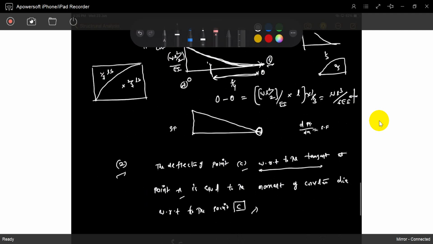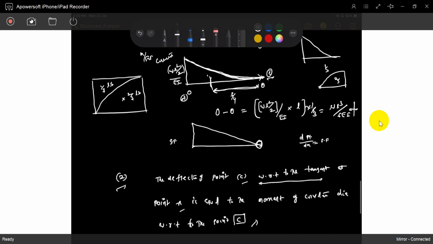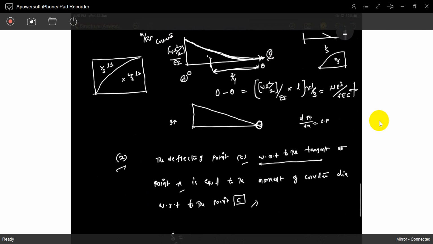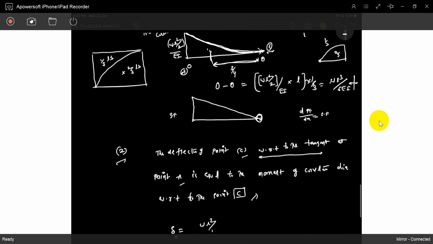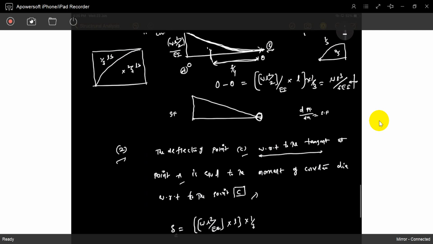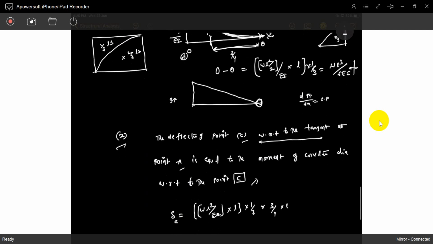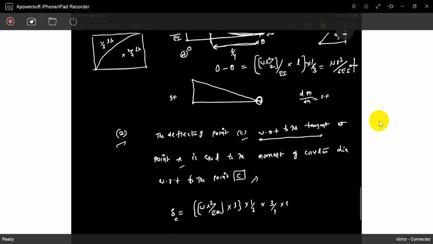So it gives the moment with respect to the point C. So WL square by EI, and also L, that is 1 by 3rd, multiplied with 3 by 4 of L. So what will it give? 3 cancels.